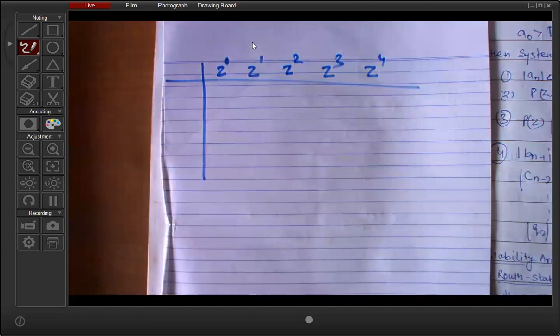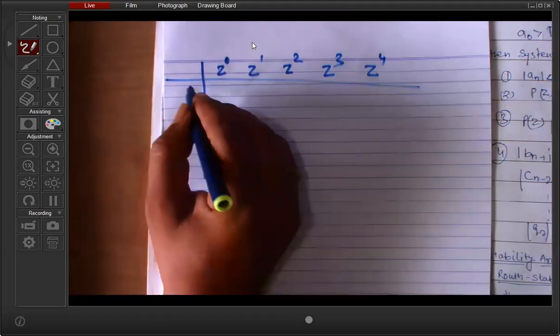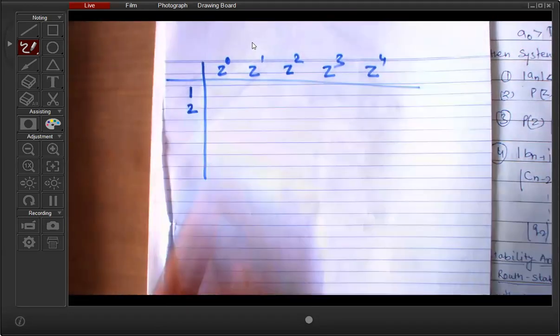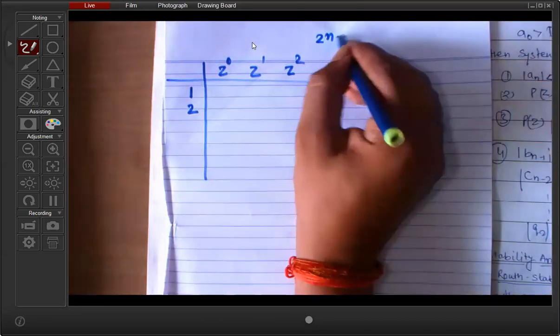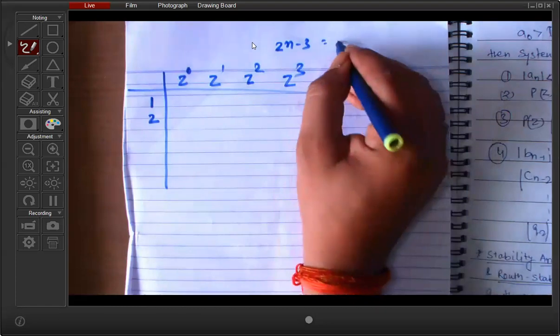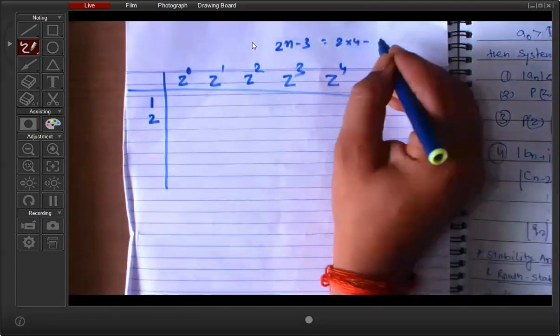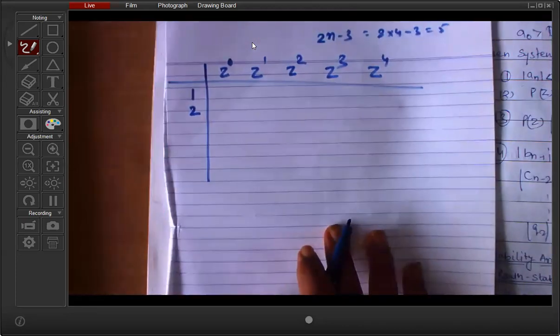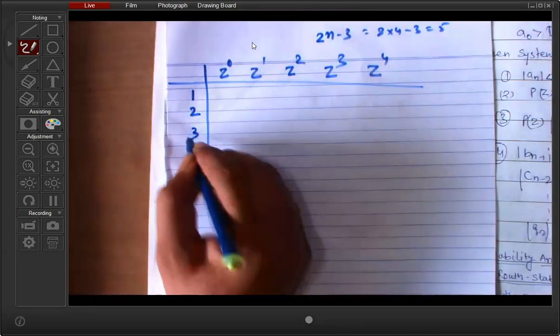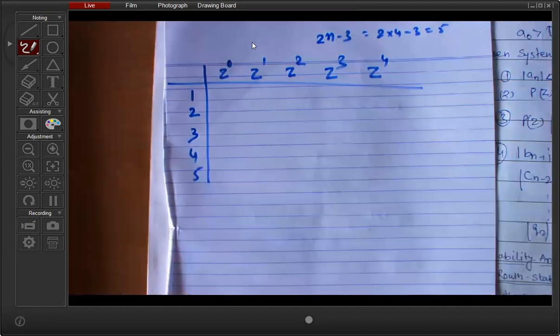Any doubt? And rows start from 1, 2. कहां तक जाएगा? Up to 2n minus 3. So 2 into 4 minus 3 is equal to 5. Okay, so 1 2 3 4 5. Any doubt?